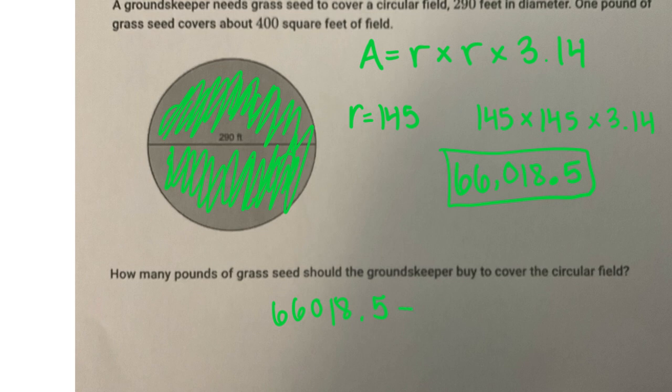So we're going to divide it by however many square feet the grass seed covers. And so I'm just going to take that number and divide by 400. And we get 165. So that means 165 pounds will cover the entire grass field.